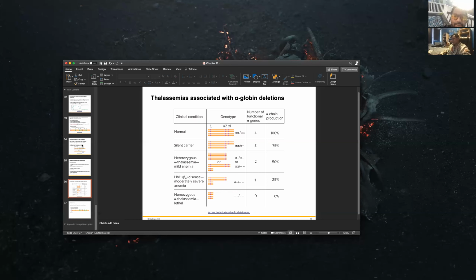Heterozygous alpha thalassemia is a mild anemia, where only half of the alpha chains are produced. In between there's moderately severe anemia, where only 1/4 is produced. And if you're homozygous, it's completely lethal. No alpha chains are produced whatsoever, and you die.